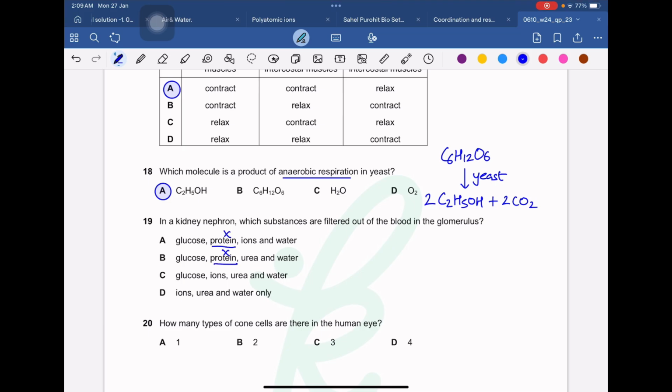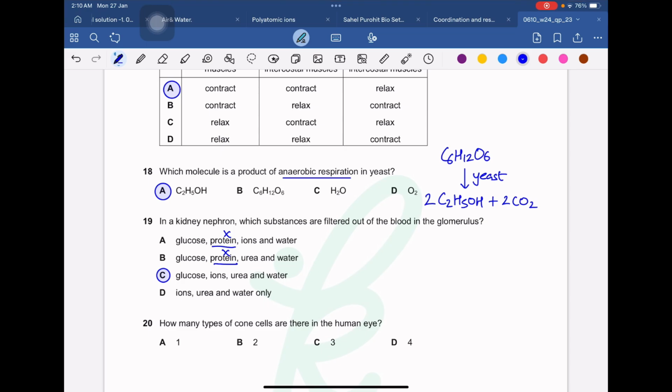Similarly for B. Whereas for C, it is glucose, ions, urea and water. Now, glucose also gets filtered and goes out of the glomerulus, but it is reabsorbed later. So in that case, the option for this will be C, because glucose also gets filtered out of the glomerulus.